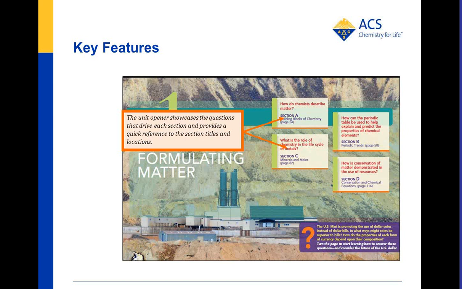On the opening page, you will also have the questions that drive each section. In red, each section has an overarching question to guide it. In Unit 1, Section A: how do chemists describe matter? And then we also put it in a statement form: building blocks of chemistry.